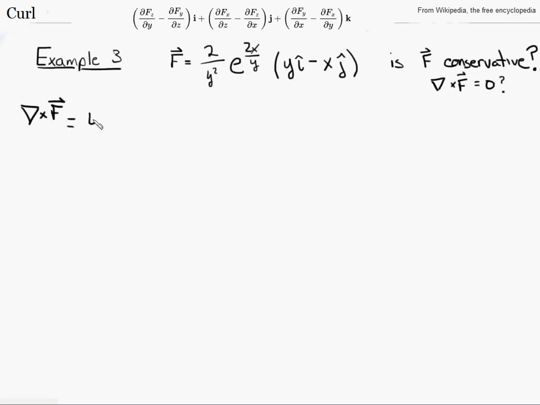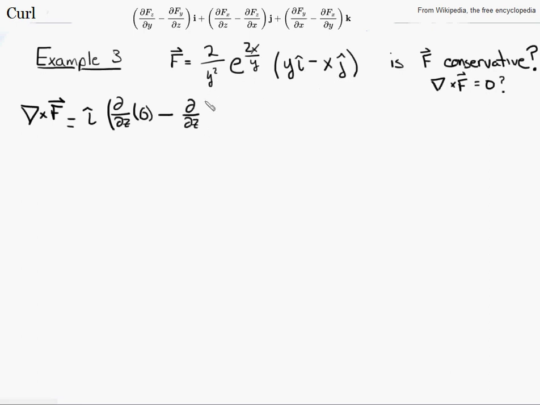So I'm going to start with the i hat component, and I do the partial with respect to y times the z component. Fortunately, there's no z component, so that's 0. Minus, then I do the partial with respect to z. Ooh, I wrote this out wrong. Of the y component.